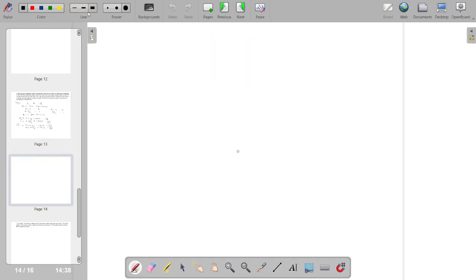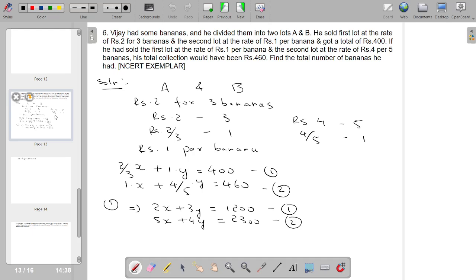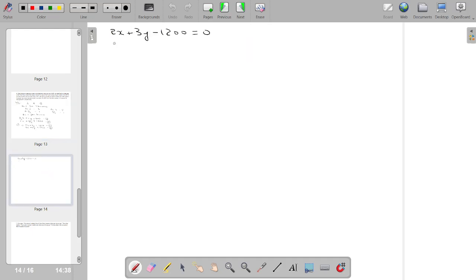2x plus 3y minus 1200. I will just move 1200 to the LHS, and the other equation is 5x plus 4y minus 2300 equals 0.